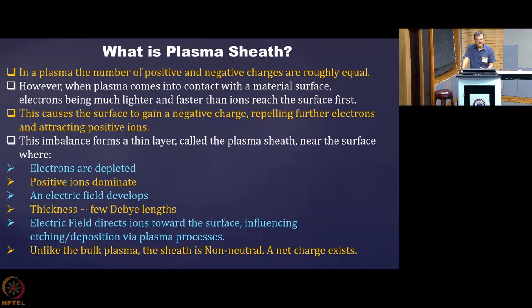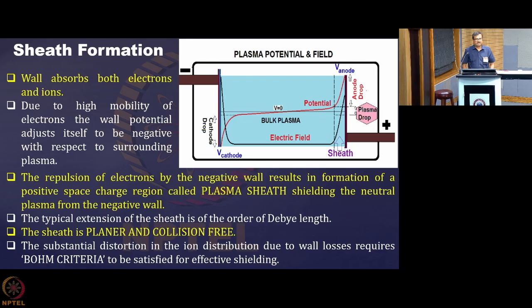This sheath zone is electron depleted. There are positive ions which dominate over there. There is an electric field developed because of the charge imbalance. The thickness is very thin, only a few Debye lengths, and the field directs the ions toward the surface, influencing the plasma etching or deposition process. Unlike bulk plasma, the sheath is non-neutral and a net charge exists in the region. So these are the features of the plasma sheath region.